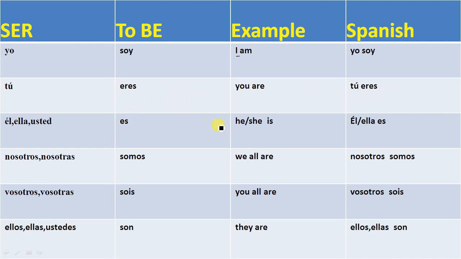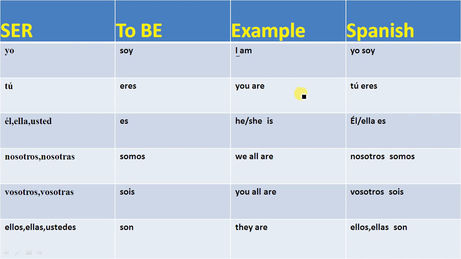Now he is, you will say él es. Or if you want to say she is, you will say ella es. She is a girl, ella es chica. She is a good girl, ella es buena chica.